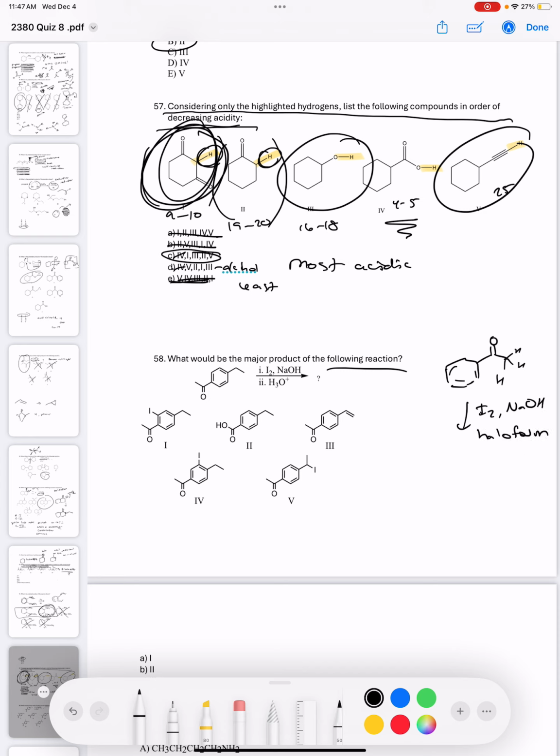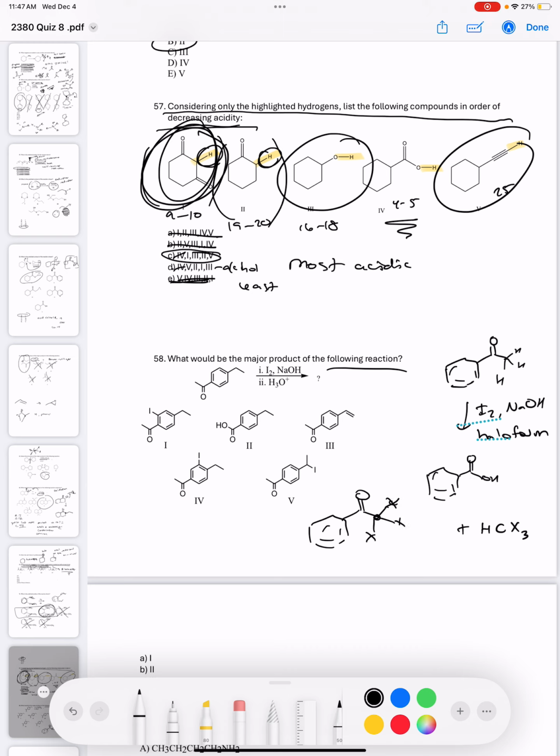This is an easy way to make benzoic acid and a haloform. So it makes HCX3, where X is whatever your halogen is. And the way it does that is first your methyl gets 1 halogen, so I'll just use X for halogen.